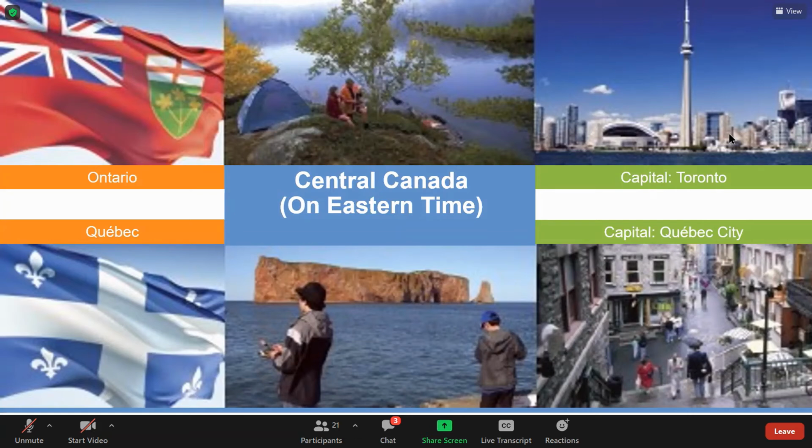So part of the capital belongs to Ontario province, and the other part belongs to the Quebec side. But together it's one city. Sorry? The one city is the national capital, the entire city. That's correct. Okay, thank you very much.